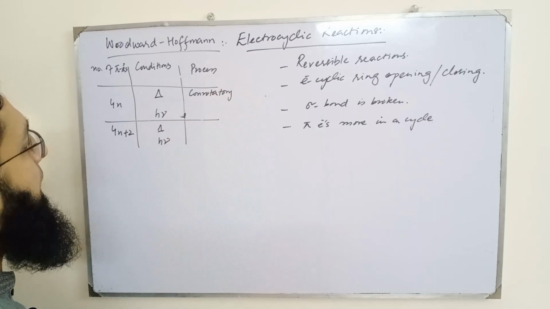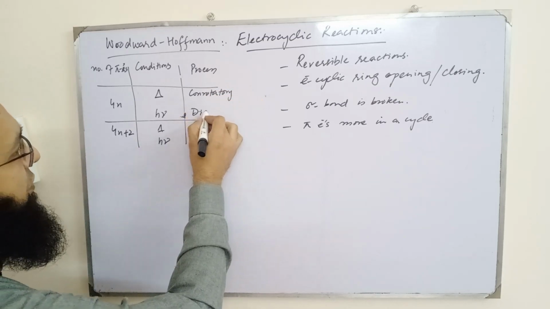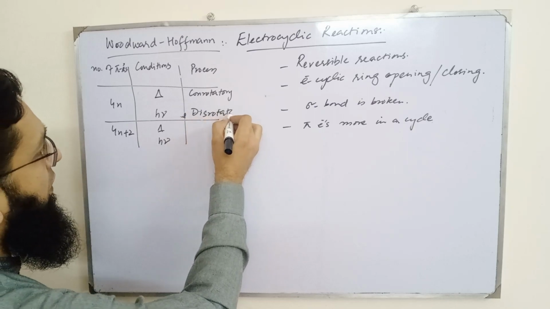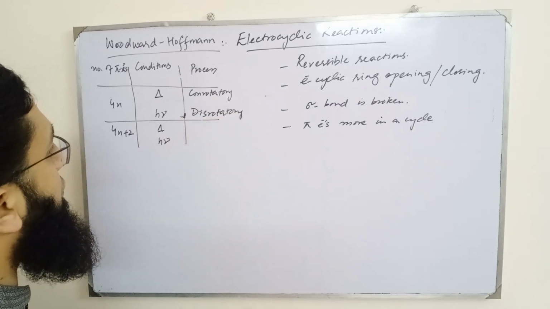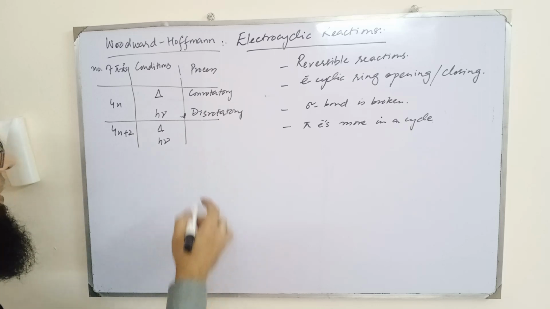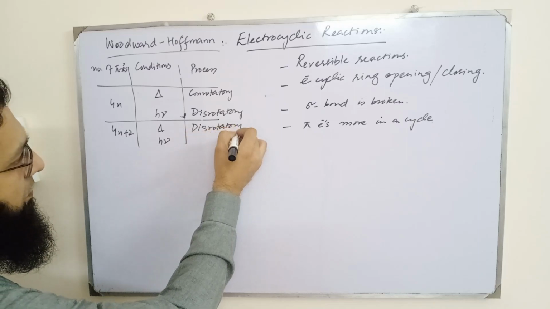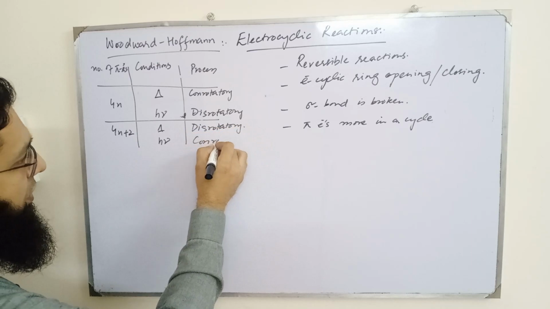Conrotatory means the orbitals move in the same direction, and this is disrotatory, which means the orbitals move in opposite directions. When they move in the same direction it can be clockwise or counterclockwise. We will discuss it with some examples as well. And here disrotatory, and here conrotatory.